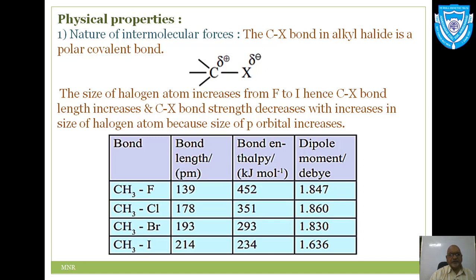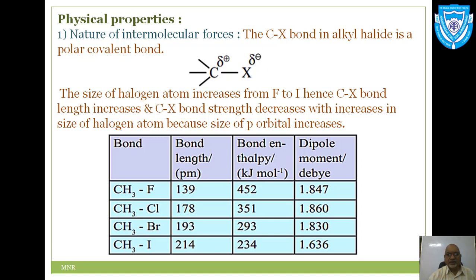But from fluorine to iodine, the bond length goes on increasing, while the bond enthalpy goes on decreasing. If the size goes on increasing, the enthalpy decreases. This is the statement which we have studied in the periodic table, and similarly it is happening with fluorine, chlorine, bromine and iodine.